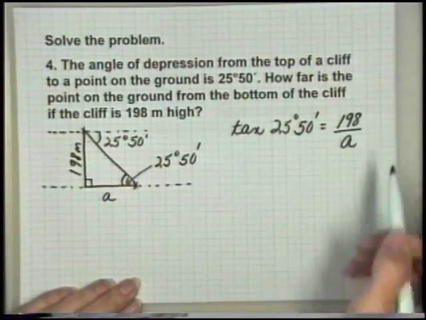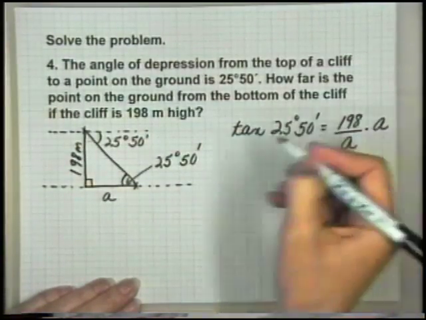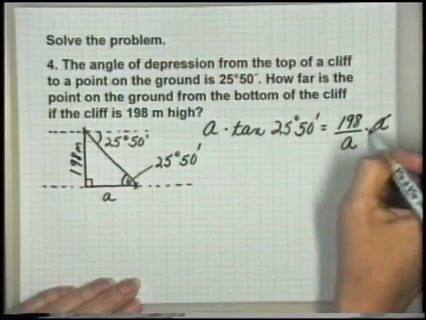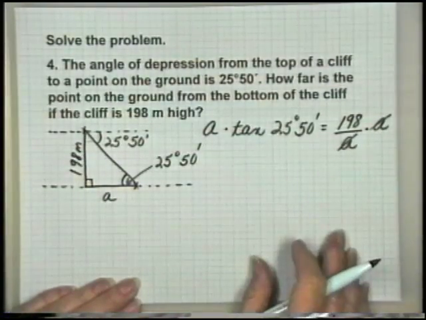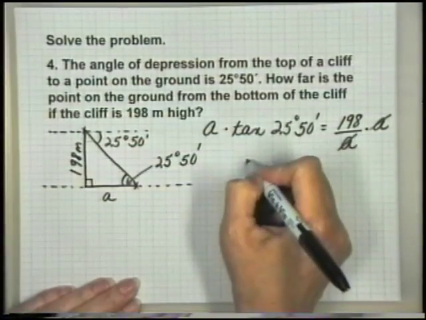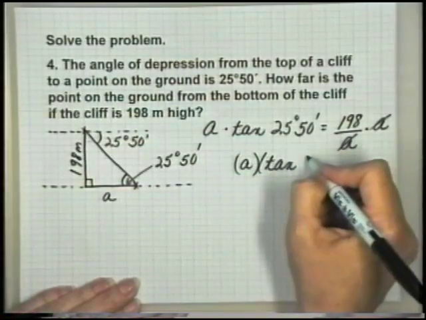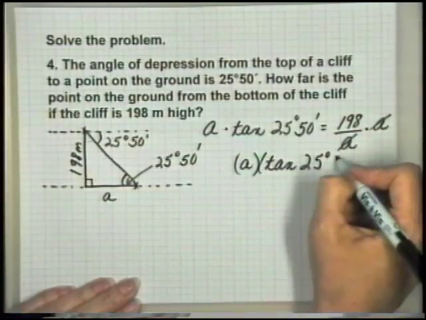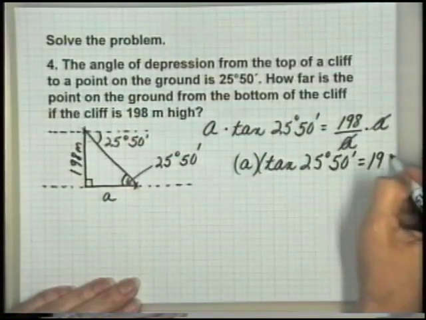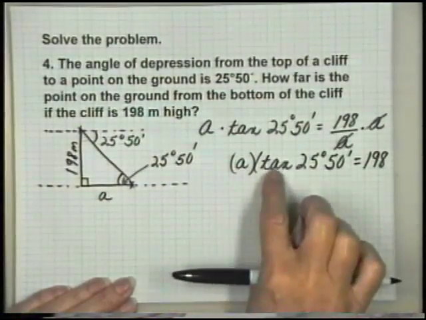Now, if we want to solve this for A, we first have to clear A out of the denominator, so we'll multiply both sides of the equation by A. The A's over here divide to 1, so we'll have on the left side A times the tangent of 25 degrees 50 minutes equals 198.